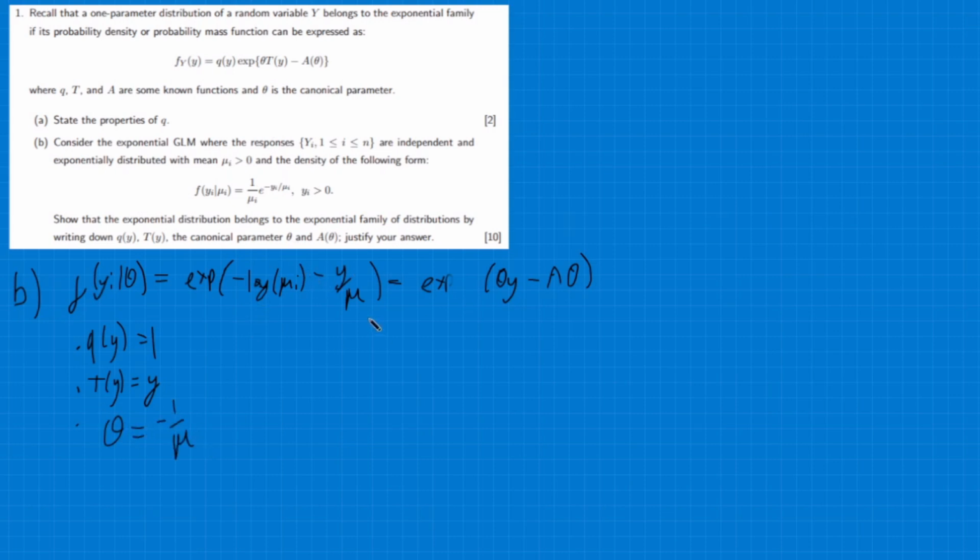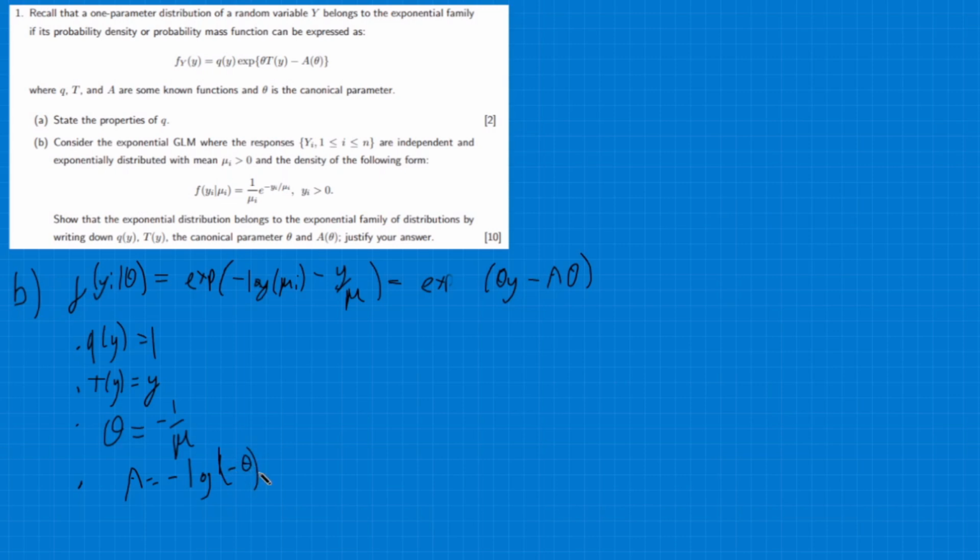As you can see here, we've moved that theta here, and we know that a(theta) equals minus log of minus theta. So that's question B there for you.